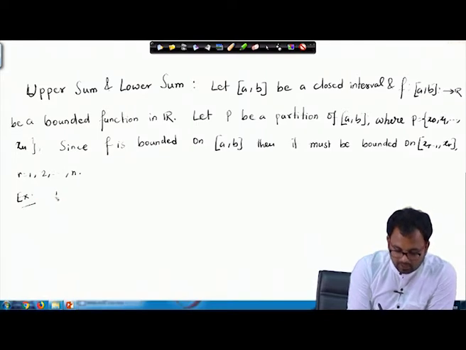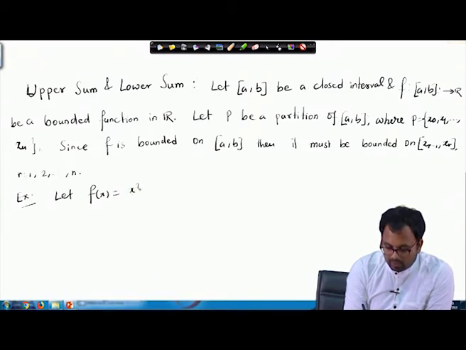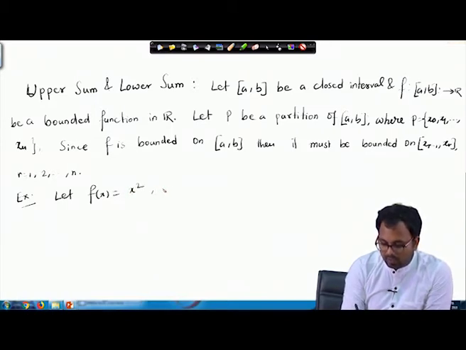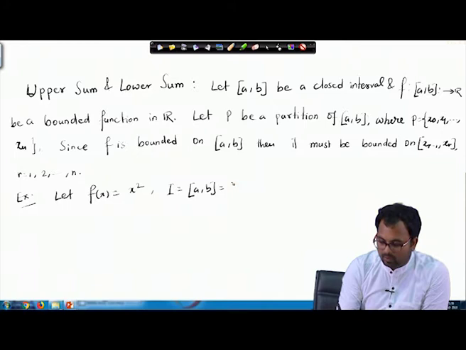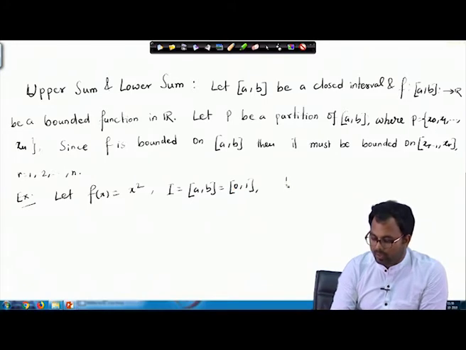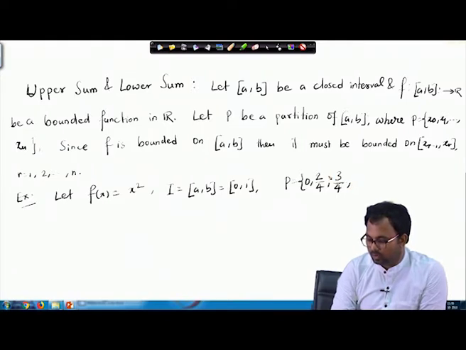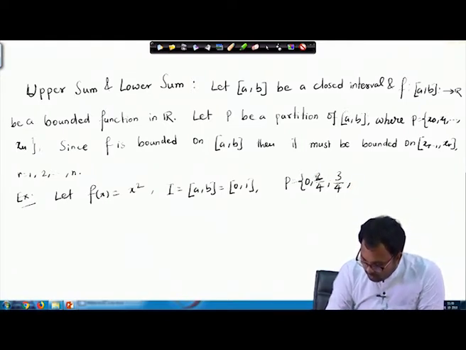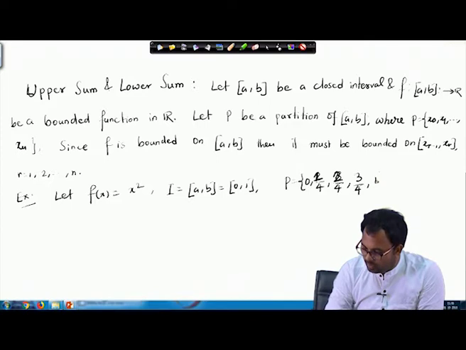For example, let us say we have f(x) equals x square, and our closed interval [a, b] is equal to [0, 1]. So, where a is 0 and b is 1, then the partition P we can consider as 0, 1 by 4, then 2 by 4, then 3 by 4, and then 1.